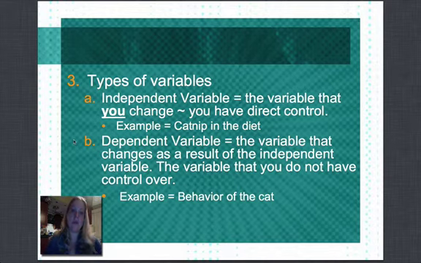There are two types of variables. One is called the independent variable, and the independent variable is the variable that you change. So this is the one that you're in control of. In our catnip experiment, this would be adding the catnip to the diet, because I have direct control over this.